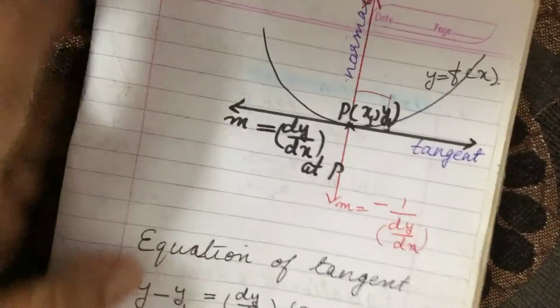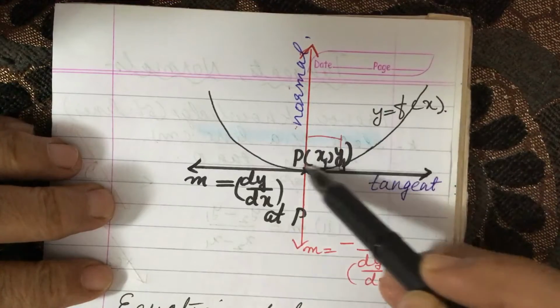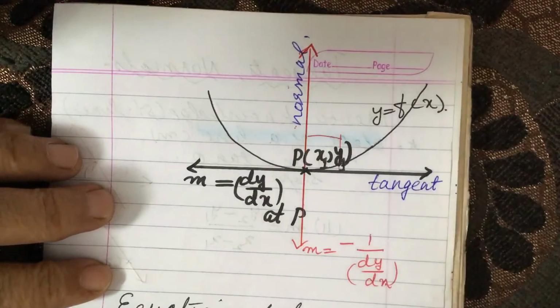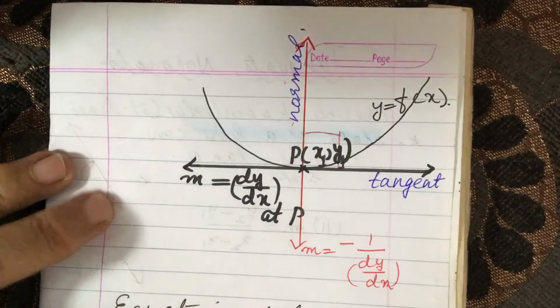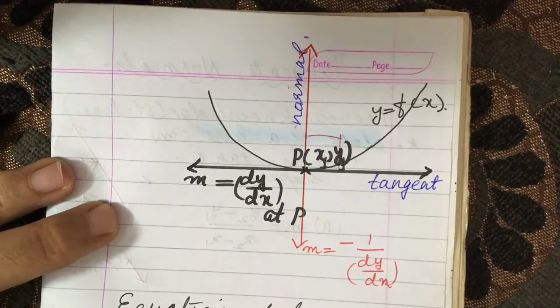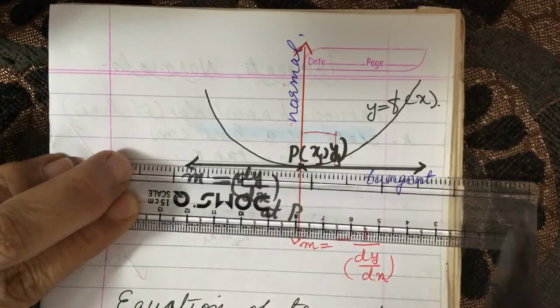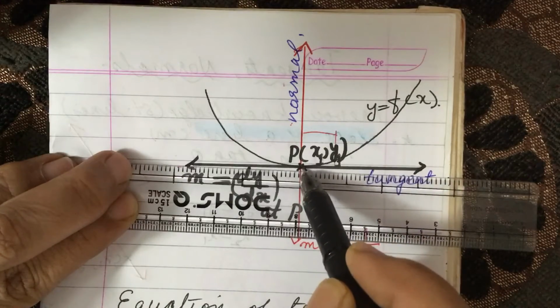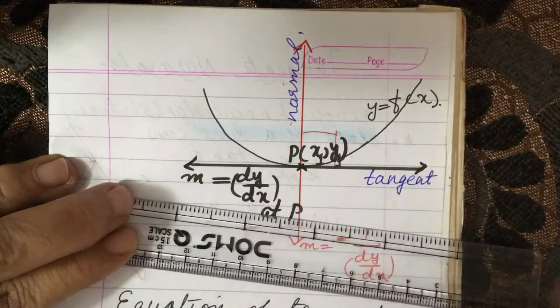Then the application of derivative here is, suppose we have this curve y equals f of x and there is a tangent. What do you mean by a tangent? It is a straight line which touches the curve only at this one point. That is what is called a tangent.